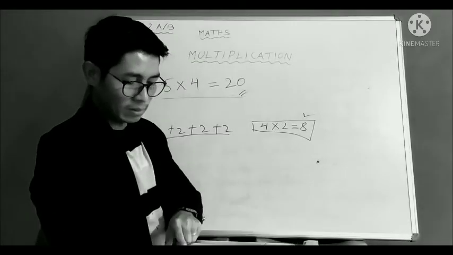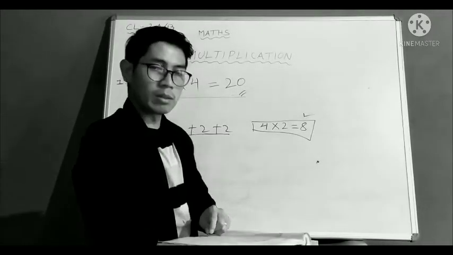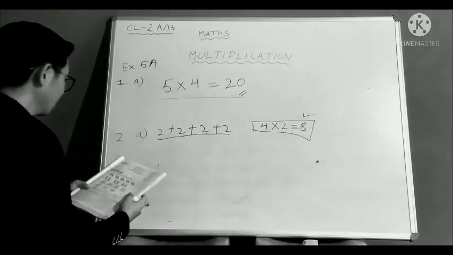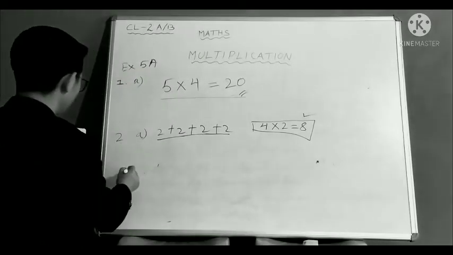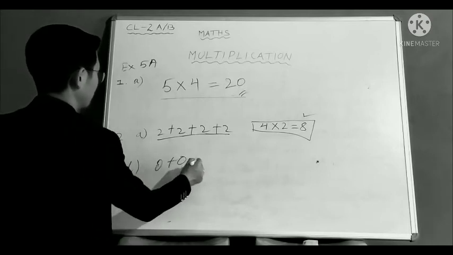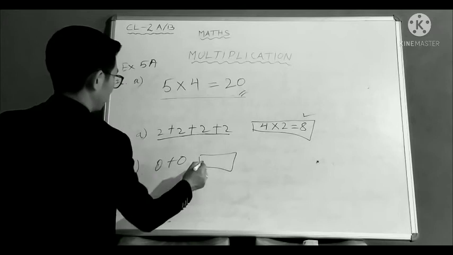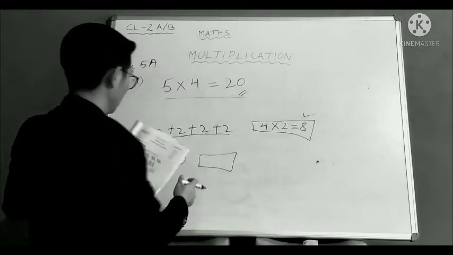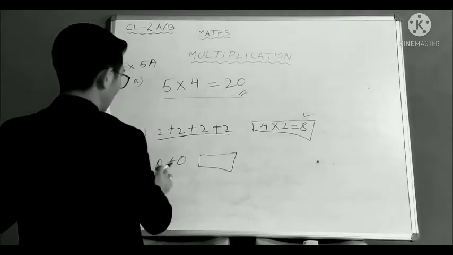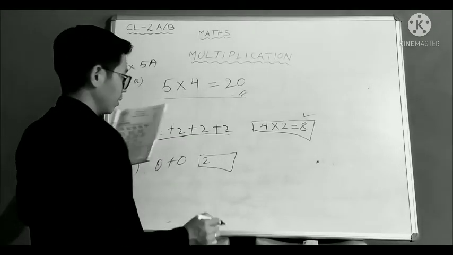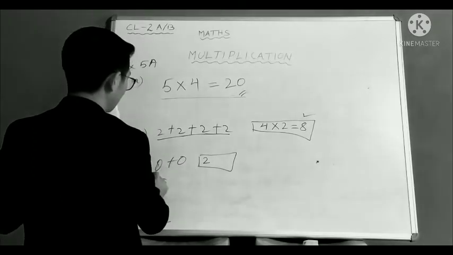And the remaining B, C, D are also easy. Just see number D, 0 plus 0. How many zeros are there? 2. 0 plus 0, because 2 zeros are there, no?